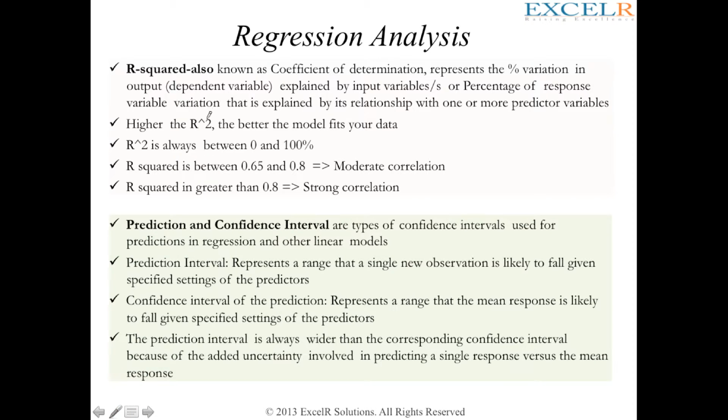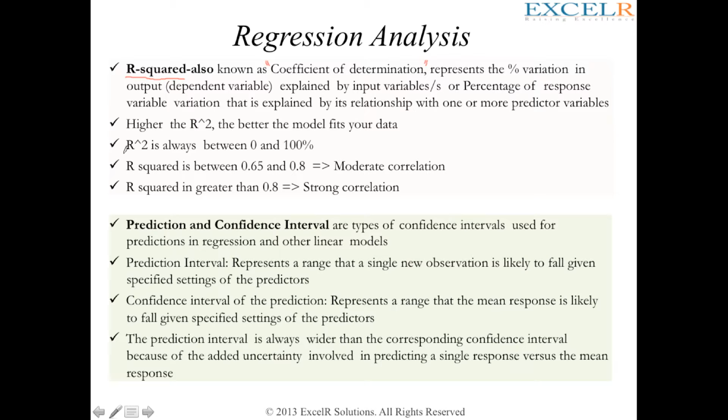Now, how is the strength of the prediction model determined? The strength of the prediction model is determined using a value called R squared value. This R squared is also called the coefficient of determination. The higher the R squared value, the better the model. Higher the better.